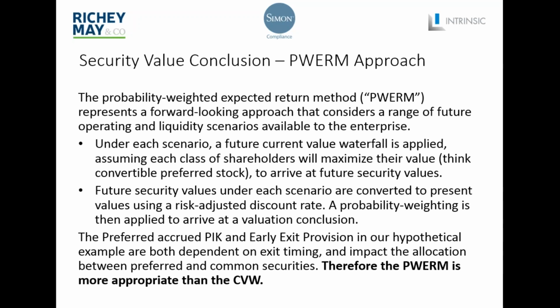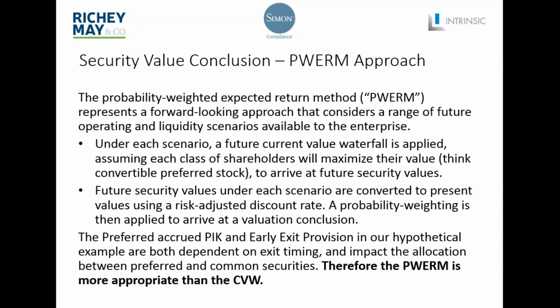What this boils down to is looking at a current value waterfall in the future and seeing what that distribution looks like, bringing back the securities to the present value, and repeating it across the relevant business cases. This does involve a lot of assumption in regard to those cases, whether it be an IPO, a sale, bankruptcy, or there can be a certain status quo scenario as well that we apply in some cases.